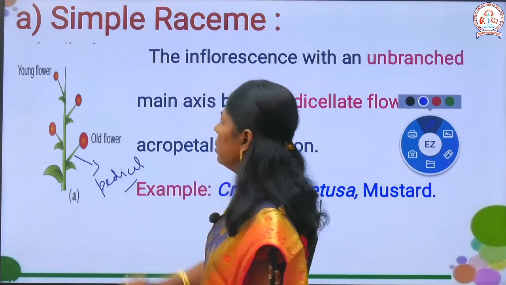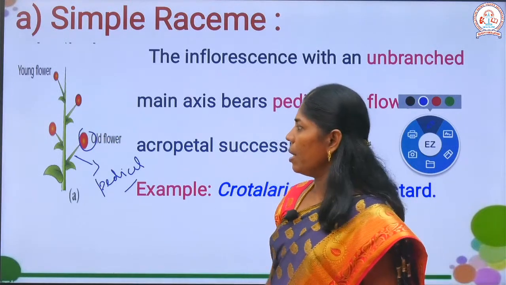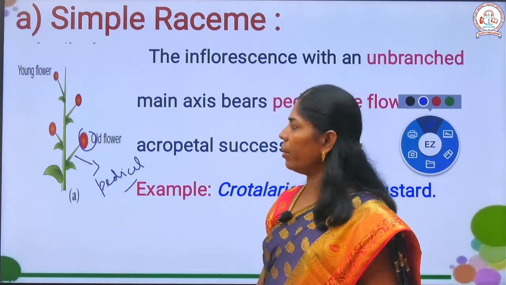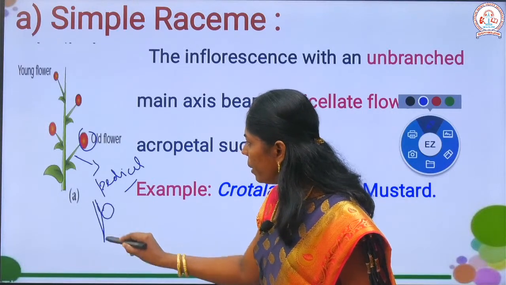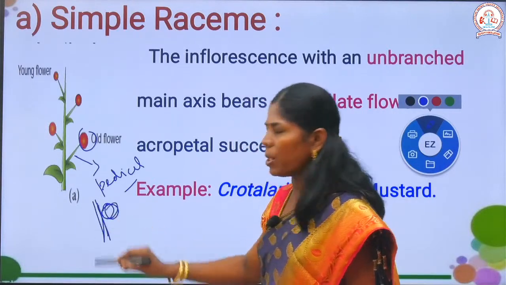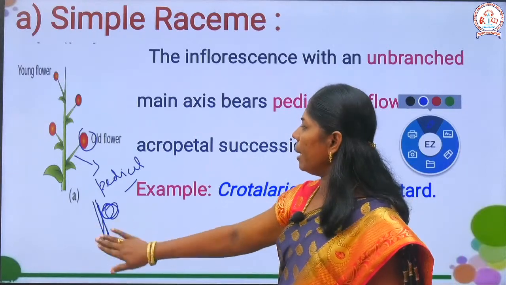This is your pedicel, the stalk of the flower, and this is your flower, so these are pedicellate flowers. If there is no pedicel and the flower is directly attached to the stem, it is called sessile, that is, without a pedicel.